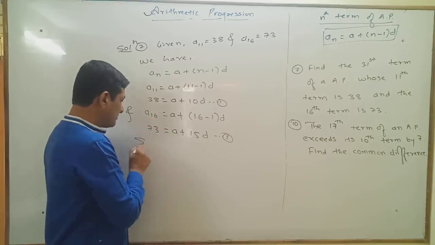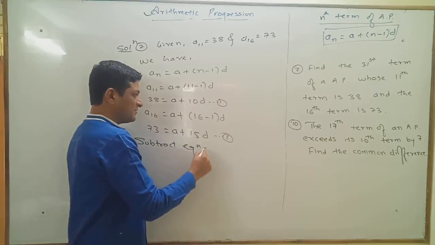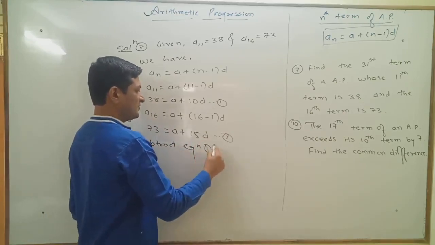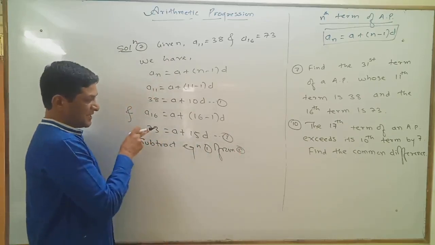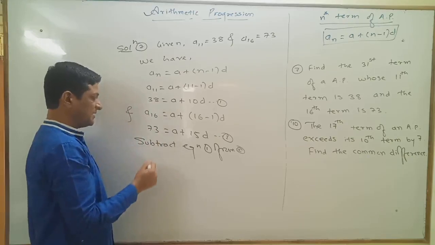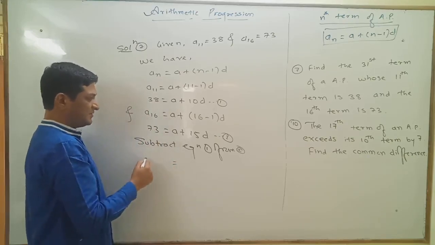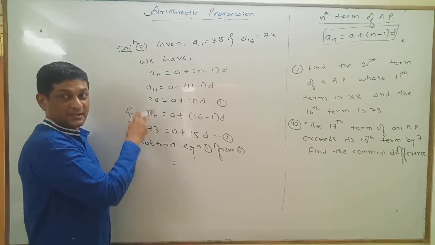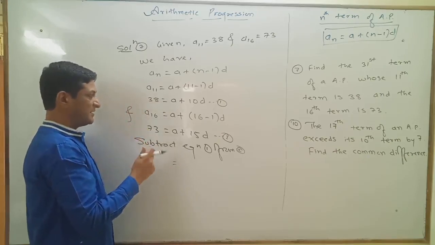Subtract equation first from second. First let us find the subtraction of the left hand side. 73 minus 38, what will be the value of 73 minus 38?